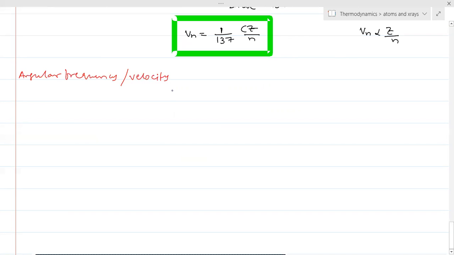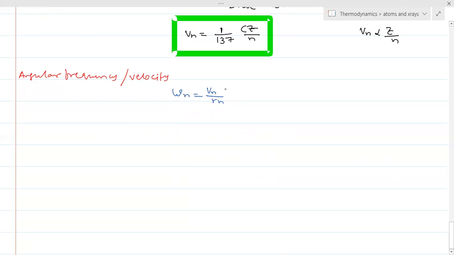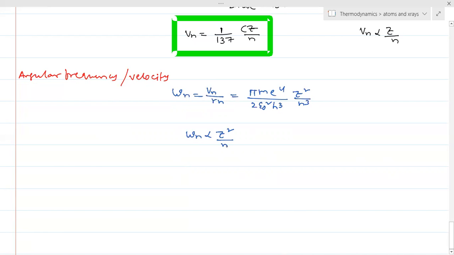Then we take omega equal to V by R, so Vn by Rn. By substituting the required values, we get pi m e power 4 by 2 epsilon naught square into h cubed into z square by n cubed. So finally, we remember omega n is proportional to z square by n cubed.